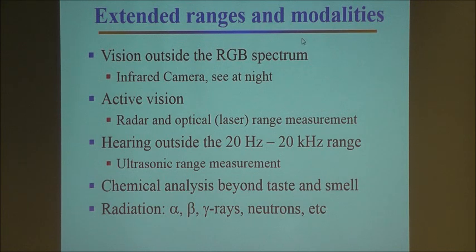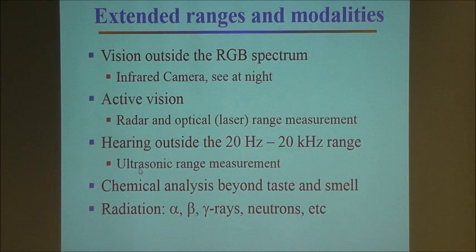Now, looking at ranges and modalities. Vision outside of the RGB spectrum, for example, an infrared camera, seeing at night, which is very difficult for bare human eyes. Active vision, radar and optical or laser range measurement. Hearing outside of the 20 hertz to 20 kilohertz range. This is the range of the human being, right here.